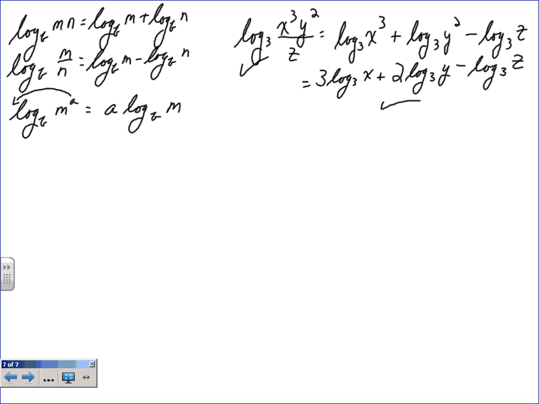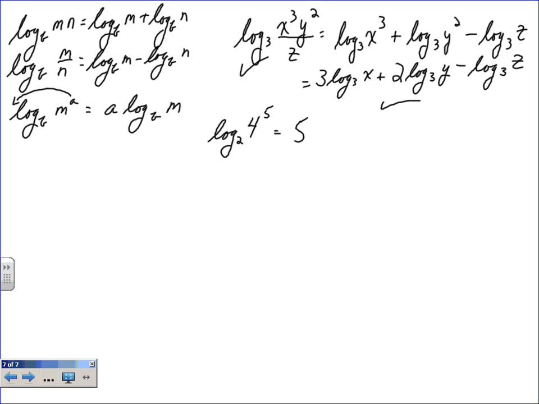All right. Think of this one. What is log base 2 of 4 to the 5th power? Let's use that property, that third one we just did. Take the 5 out front. Can anybody think of what it's going to be? 10.